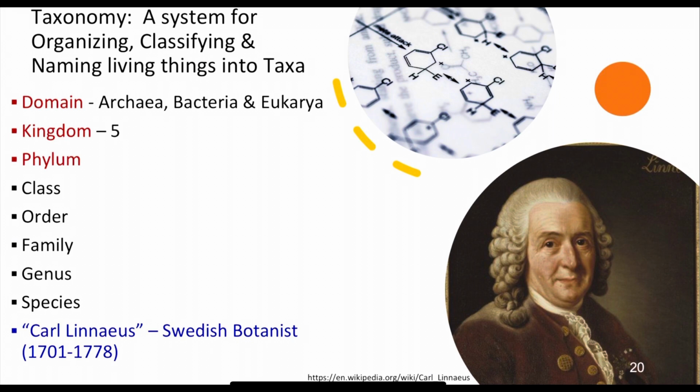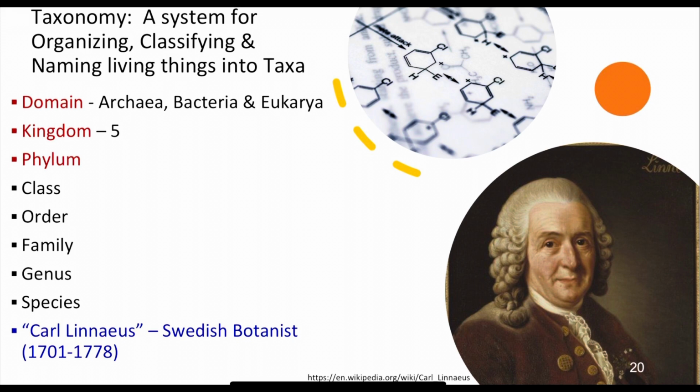As microbes were being discovered, it was important to have a process for classification, for taxonomy, and one of the scientists who played an important role is Carl Linnaeus, Swedish botanist.